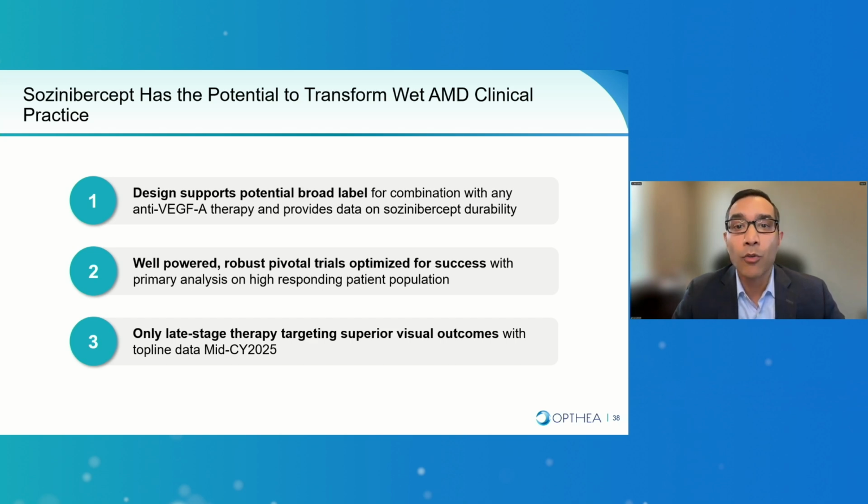We're using it at Q4 week intervals and Q8 week intervals, depending on the treatment group we're talking about. And they're well-powered, robust pivotal trials. We said 990 patients per study, so it's optimized for success with the primary analysis on a high-responding patient population. It is, again, the only late-stage therapy targeting superior visual outcomes, and we're hoping to get top-line data mid-2025.